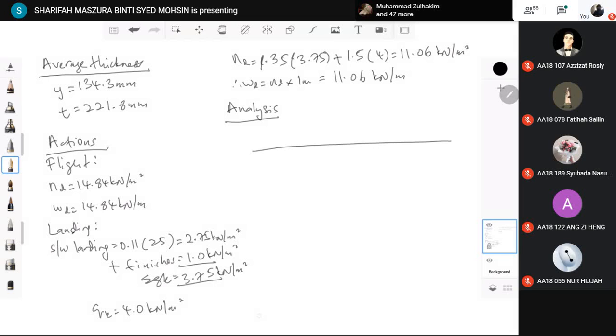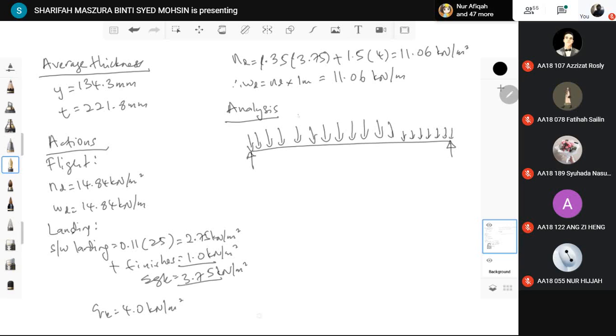So for analysis part, we have 14.84 kilonewton per meter and also 11.06 kilonewton per meter. So this is 2630 mm, 1620 mm.